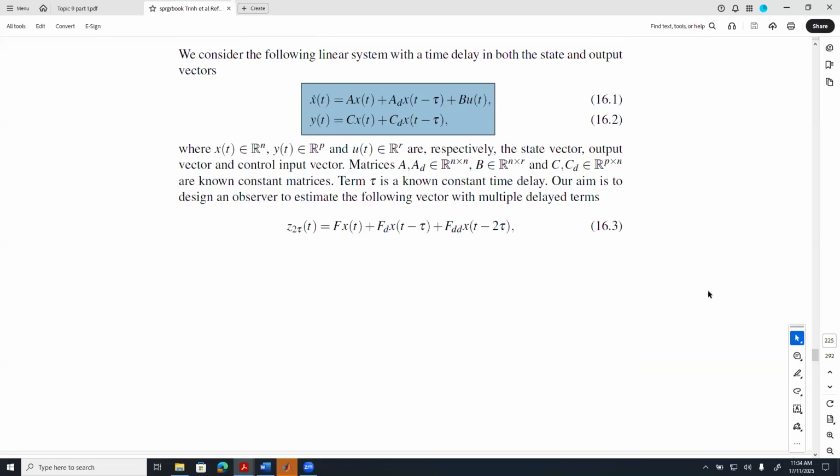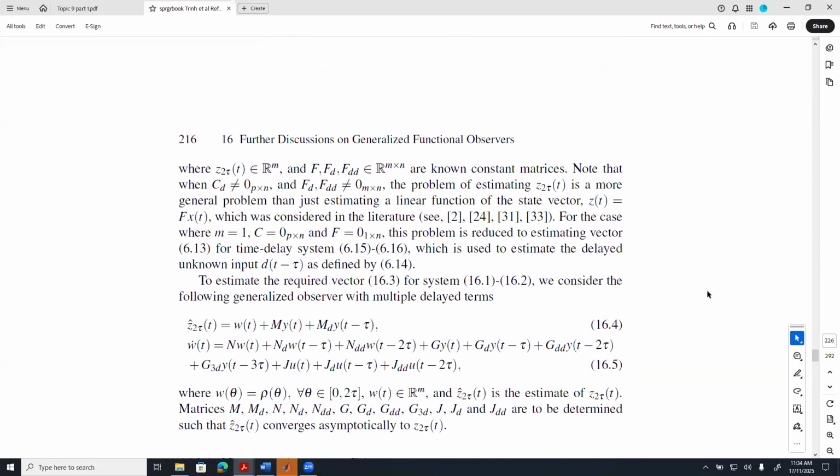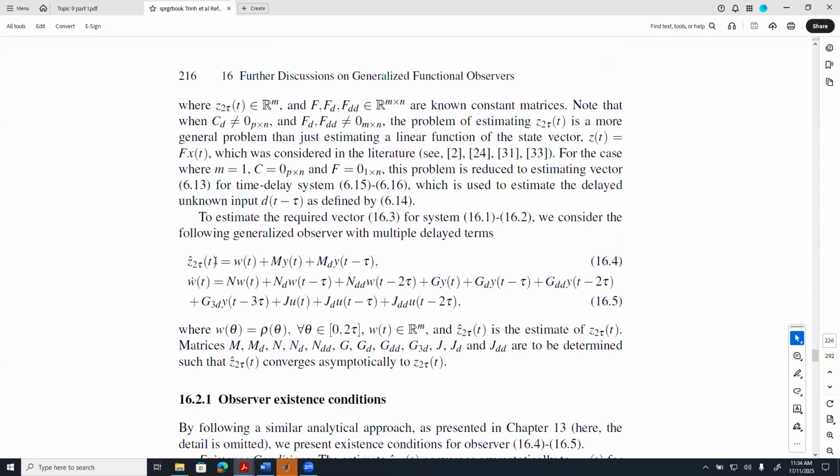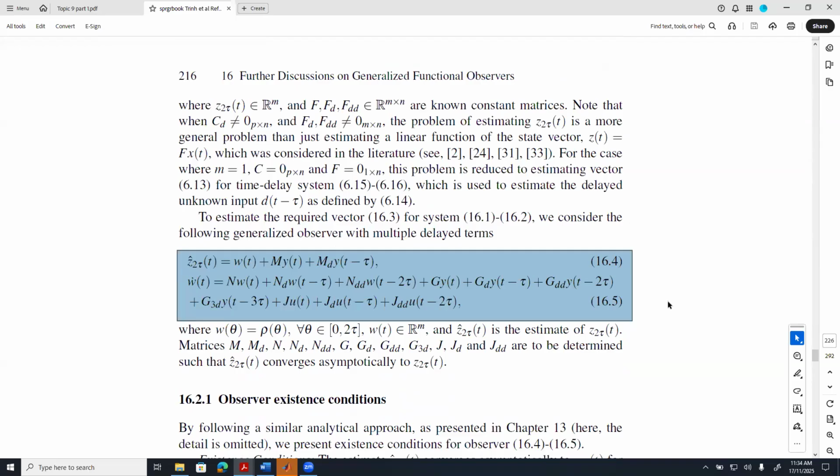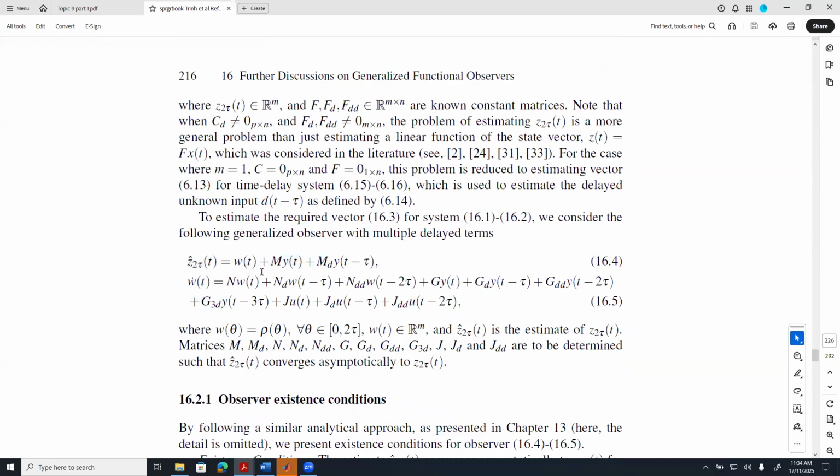So what we do in here is we propose a very general structure for this functional. And this observer structure has multiple internal delays.